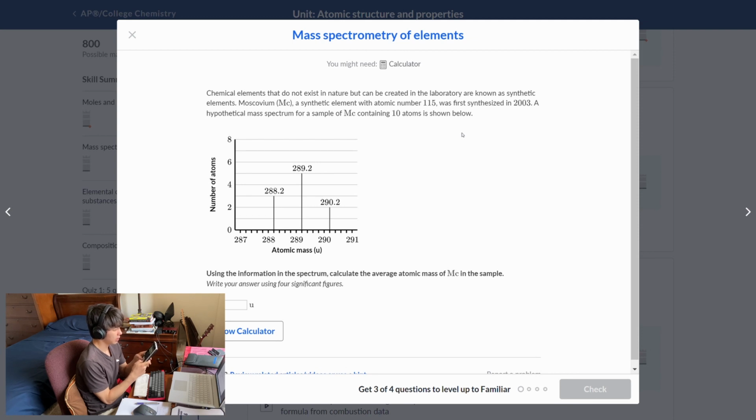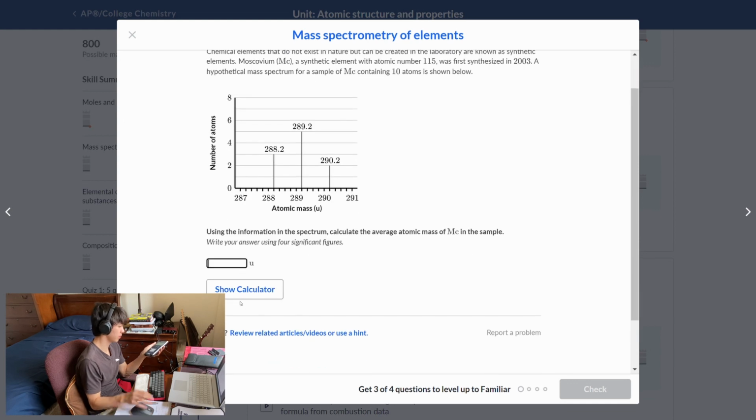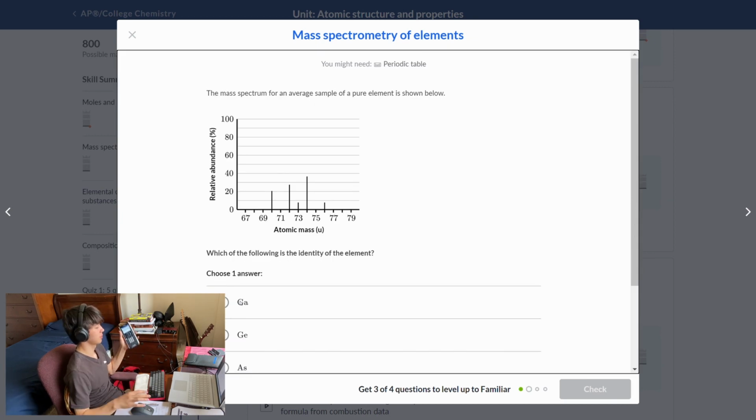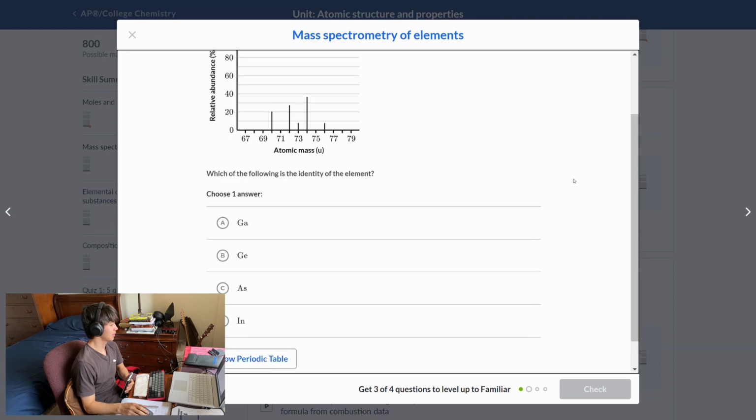And we divide that by 10 because we have 10 atoms. And we get 299.1, 4 significant figures, okay.